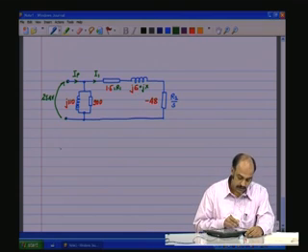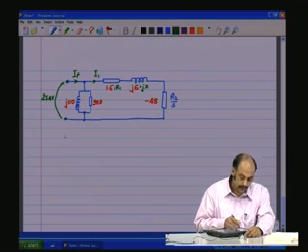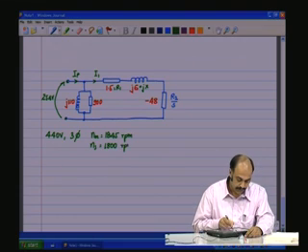Now from this, let us have the synchronous speed. Let us say this is a 440 volts 3-phase motor, and it is driven at 1845 RPM, and we have the synchronous speed given as 1800 RPM.